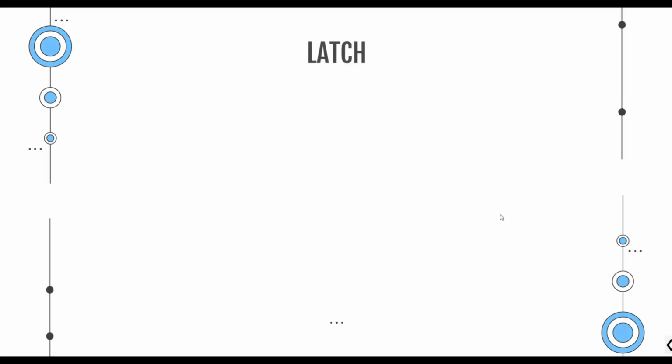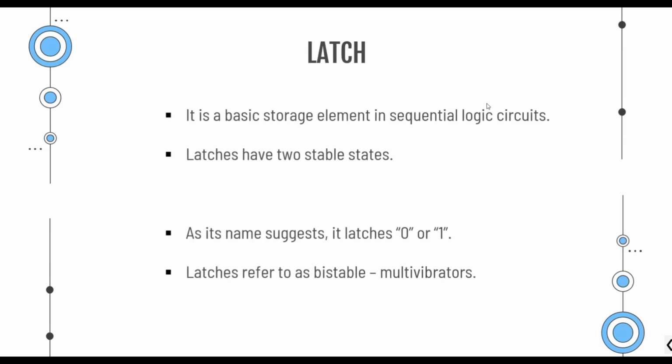Now we are going to talk about a special type of logic circuit, and that is the latch. The latch is the basic storage element in a sequential logic circuit. These latches have two stable states, which are high and low.